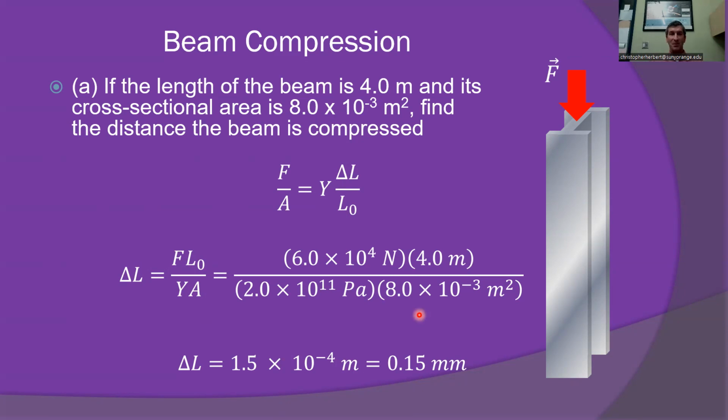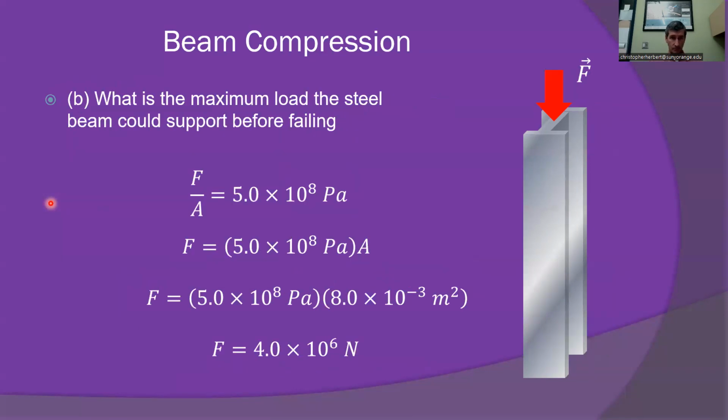So, you wouldn't notice that change by your eye. It's 150 microns. So it does flex. It does compress in this particular case, but it's not really an observable compression here. We're well within the linear range of our stress versus strain curve.